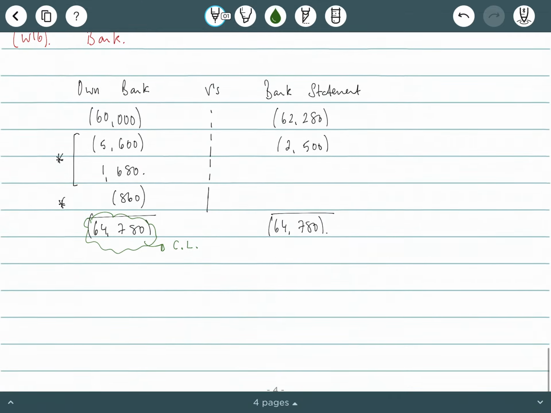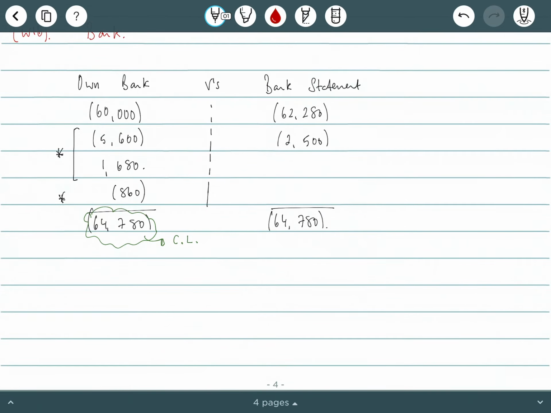So all that's required here, lads, is a simple working actually when you think about it. It's working 17, and it's bad debt. That bad debt, lads, is 5,600 times 70%. Or you could just subtract 1,680 from it.